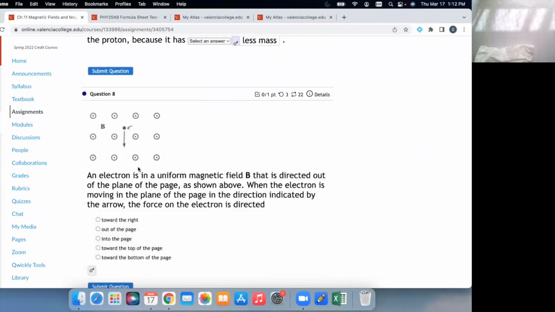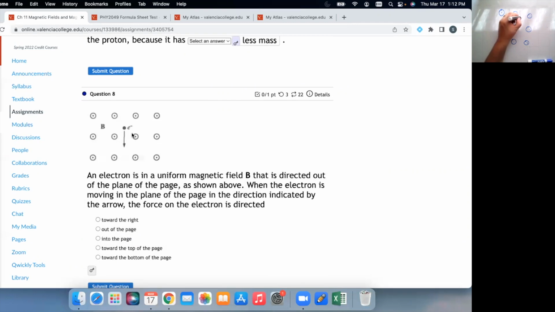Okay, let's do this one. Notice we've got an electron. There are two different ways you could deal with electrons. You could use your left hand. Positive charges follow the right hand rule.